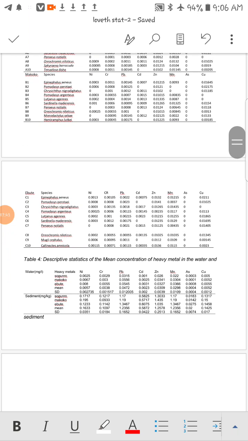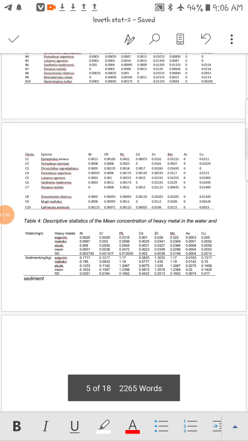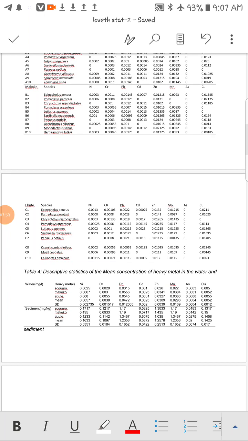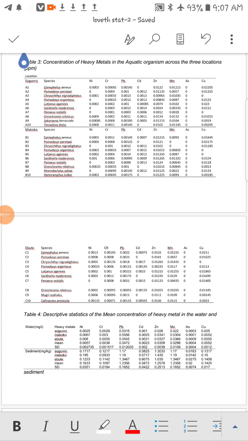water and the sediment concentrations, because the reason why we need this table is for us to be able to calculate bioaccumulations. If you want to do bioaccumulations, if you look at the number of organisms that you are analyzing, there are over 30 organisms.